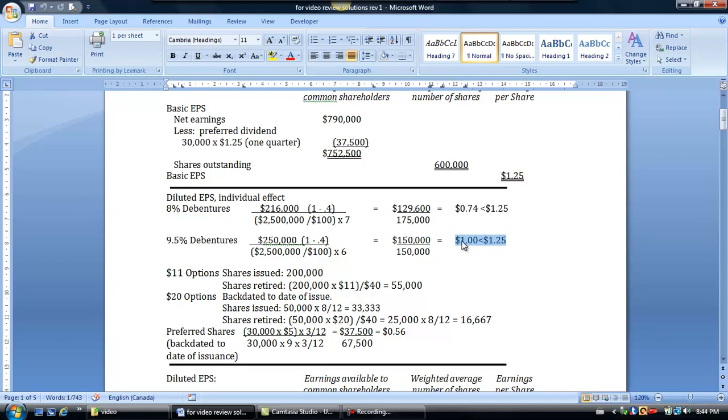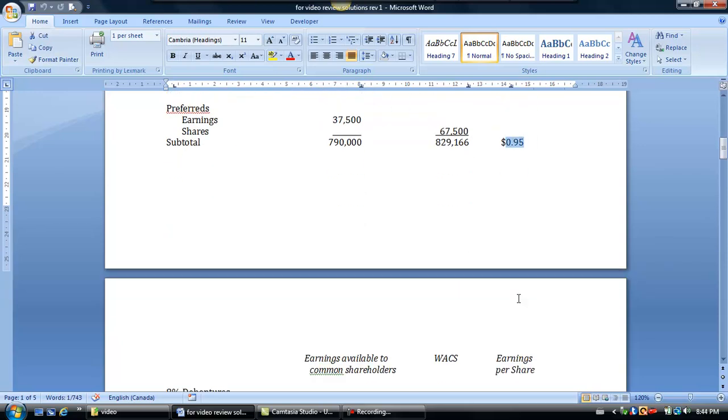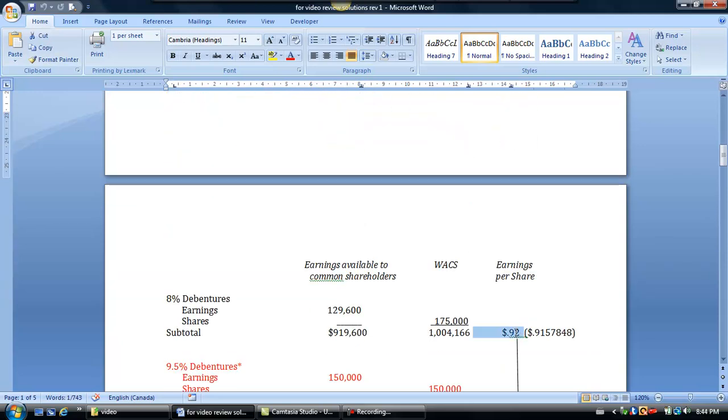So I can say right now that because these 9.5% debentures have an EPS impact already greater than my most dilutive earnings per share position, they're going to be excluded from my diluted EPS calculation. So I'm telling you now, this is your diluted EPS.